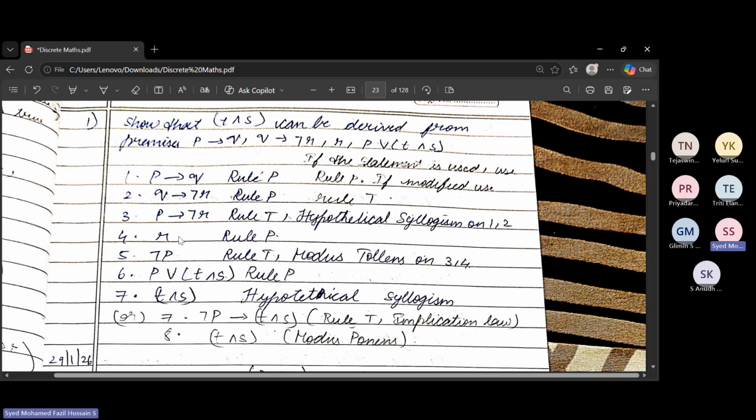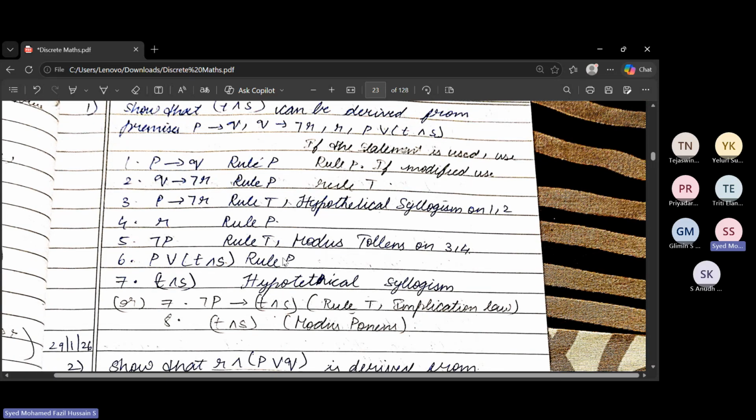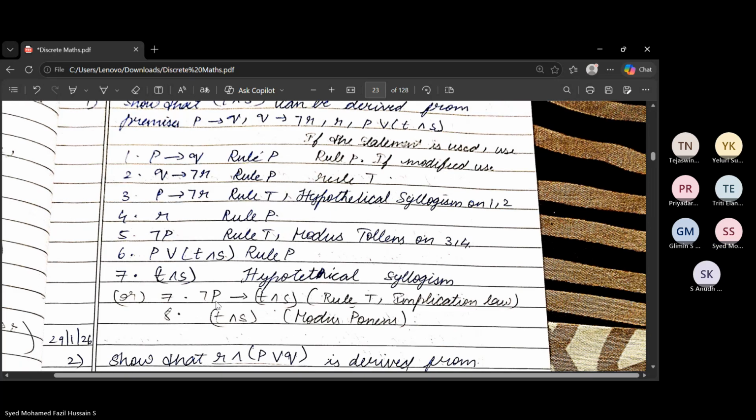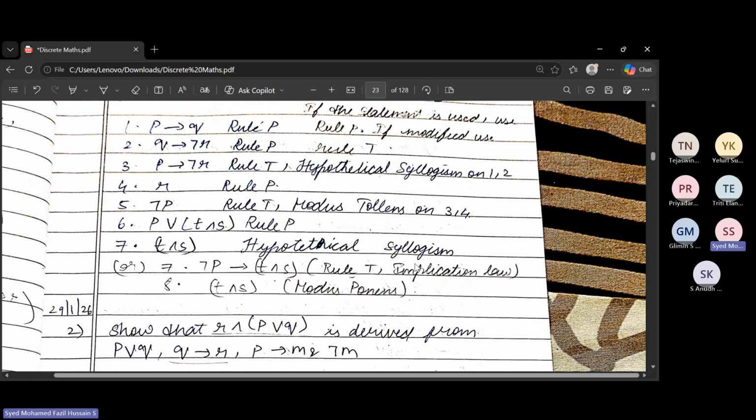Here we are introducing R again as rule P, and then not P is derived by rule T using modus tollens on 3 and 4. In rule P, we introduce the sixth one, that is P or T and S. From 5 and 6, we can declare that T or S is true from hypothetical syllogism.